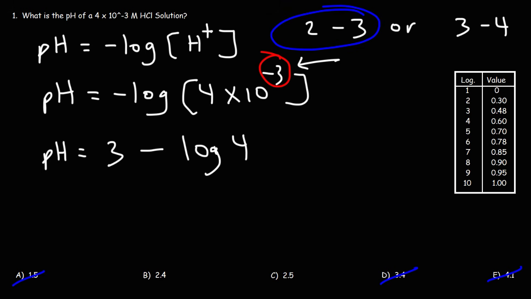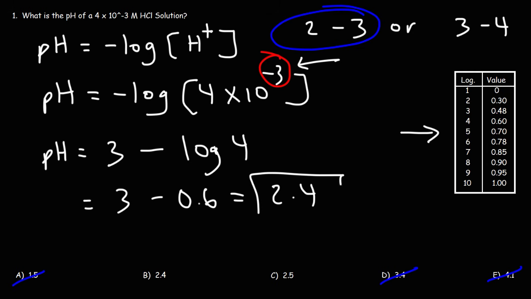Now, in order to estimate the pH without a calculator, it's very useful to know the values of the logs all the way up to 9. So if you know log 2 to log 9, this will be very helpful. Log 4, according to this table, is 0.6. So the answer is going to be 3 minus 0.6, which is 2.4. And so B is the correct answer.